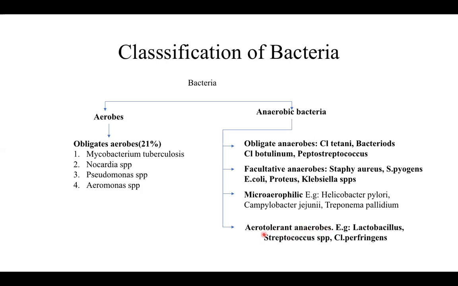They do not require oxygen for their growth, but the presence of oxygen will not hamper or kill the bacteria. These types of bacteria are known as aerotolerant bacteria. Examples are Lactobacillus, Streptococcus, Clostridium perfringens, Clostridium histolyticum.